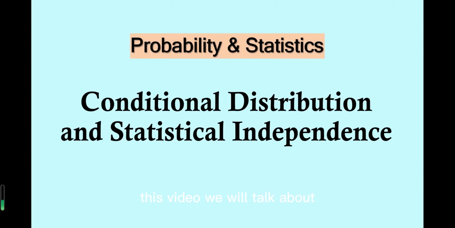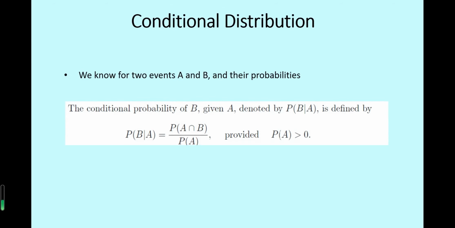In this video, we will talk about conditional distribution and statistical independence. We have learned that for two events A and B, the conditional probability of B given A, denoted P(B|A), is defined as the division of P(A and B) by P(A).